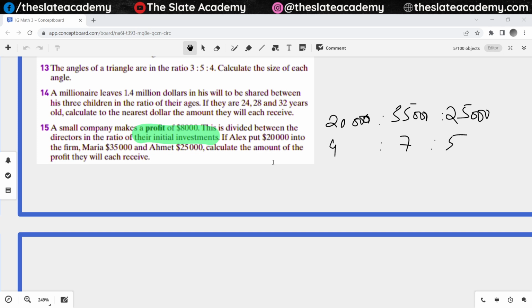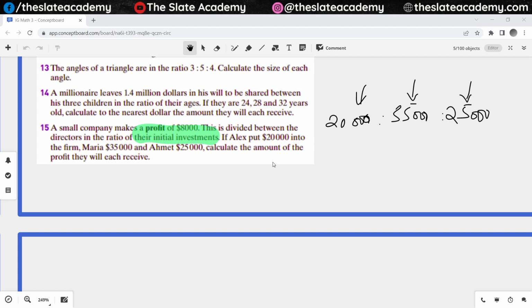Where did I get 4, 7 and 5 from? This is the amount of ratio that is given. These numbers are too big. You can use these numbers for ratios as well.